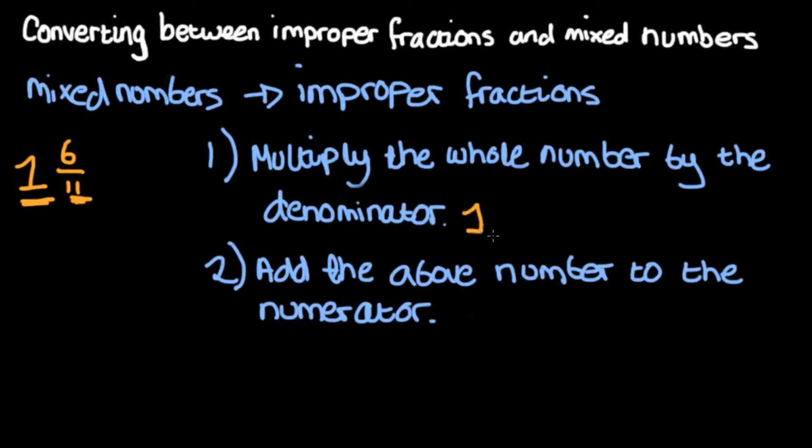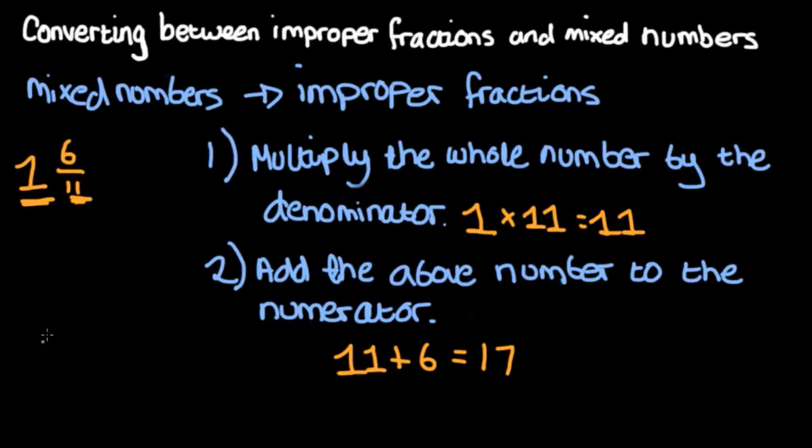So we're going to do 1 times 11, which is obviously just 11. And then we're going to add the above number to the numerator. So we're going to add 11 to the numerator, which in this case is 6. And that's 17.